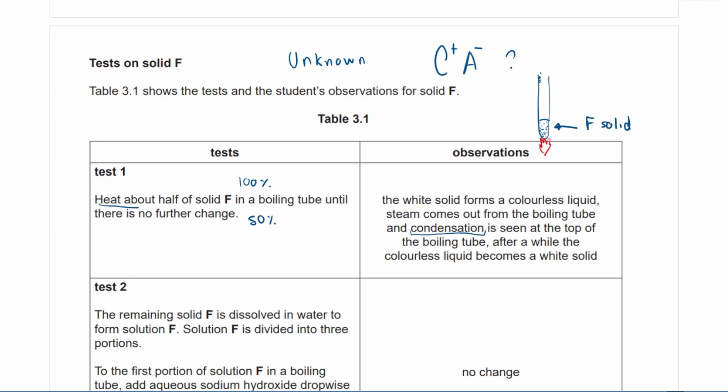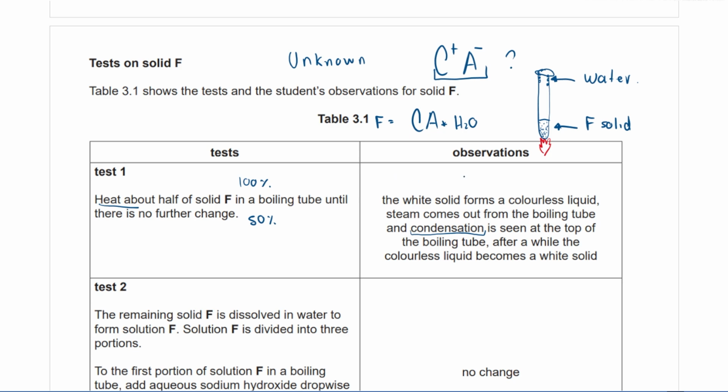So here you will have some drops of this liquid, that we will see is actually water. Okay, why? Because you have this salt. Remember, F is formed by a cation and an anion, and suppose that this salt is hydrated. So if it has water, when you heat it up, you will have steam, and that steam will condense and form water at the top of the boiling tube.